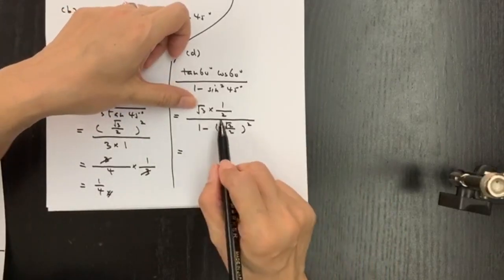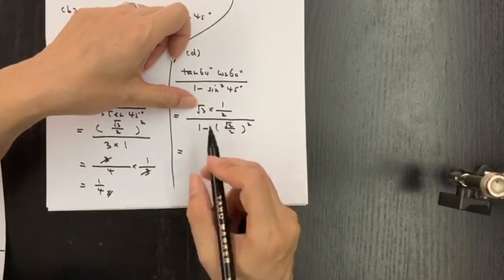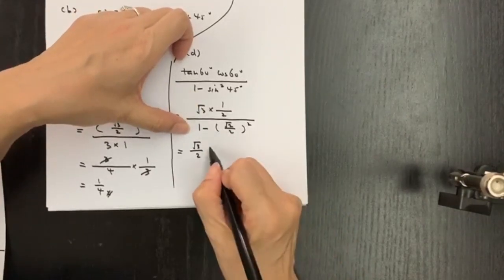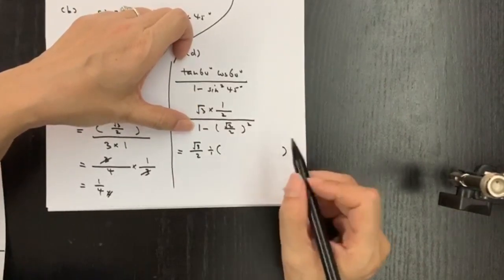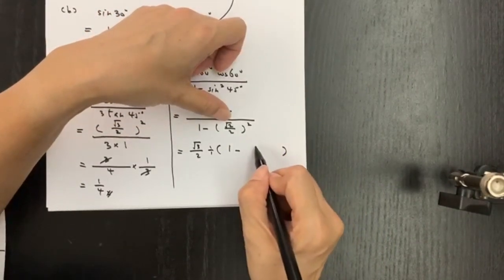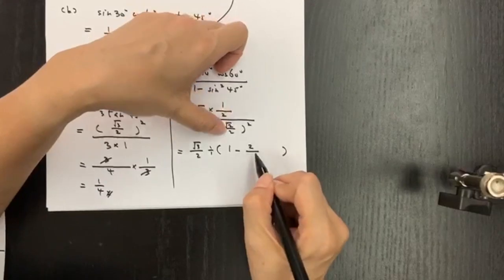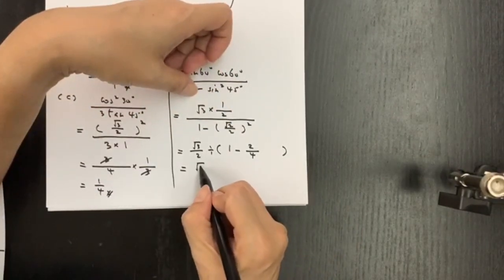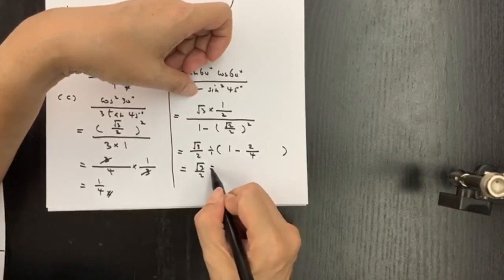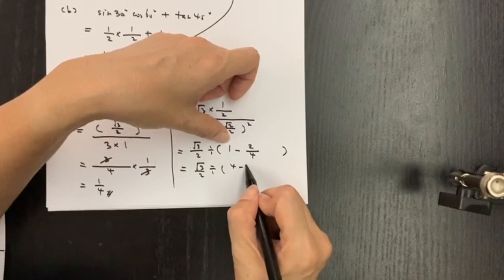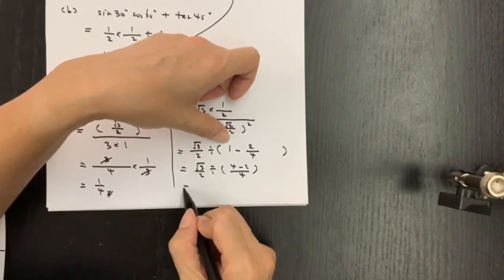Now I can do the simplification. For this part, this is root 3 over 2, divided by the whole thing. I have 1 minus, and this is all squared, so root 2 squared is 2, and 2 squared is 4. Therefore I have root 3 over 2 divided by, what is the value for this? 1 minus 2 over 4.